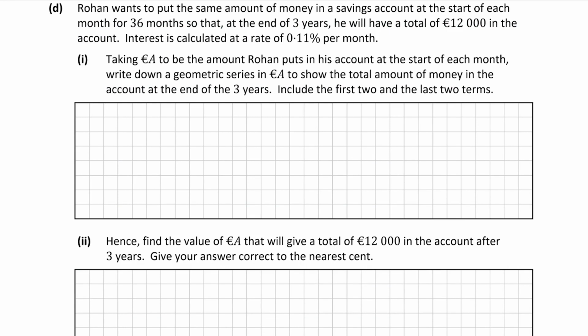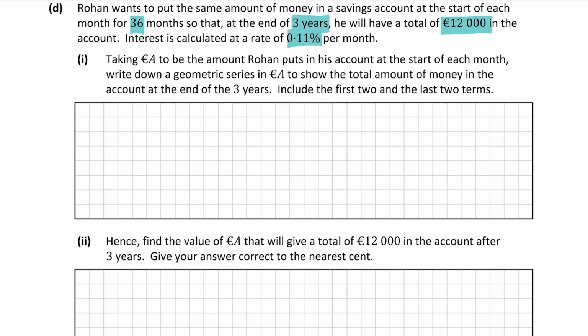Now moving on to question D, we're told that Rohan wants to put the same amount of money in a savings account at the start of each month for 36 months, so that at the end of 3 years, he will have a total of €12,000 in the account. Interest is calculated at a rate of 0.11% per month.